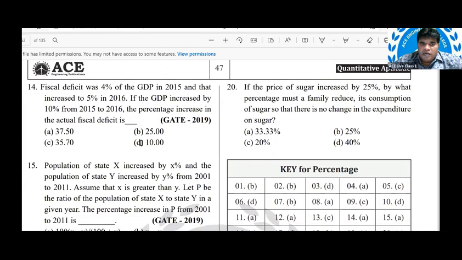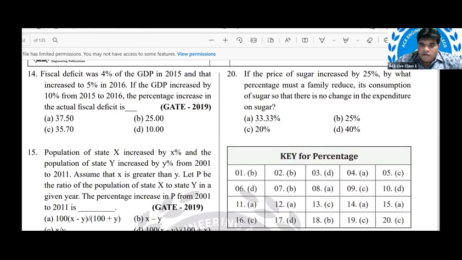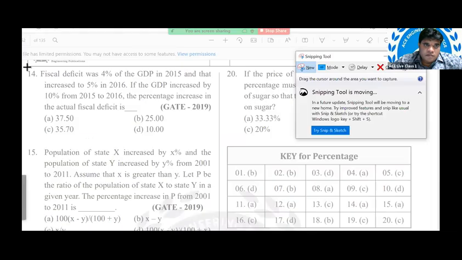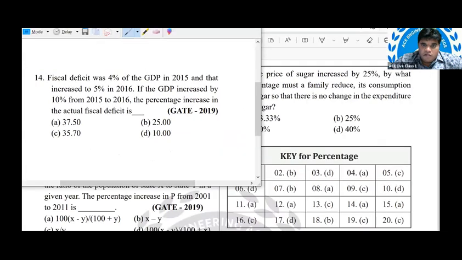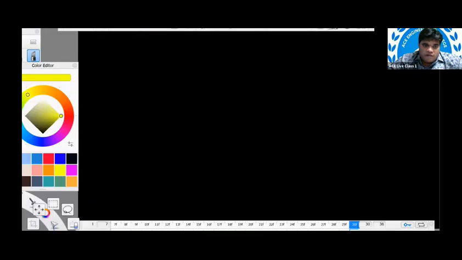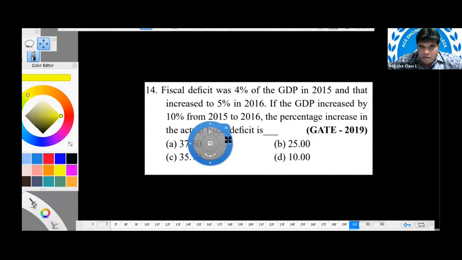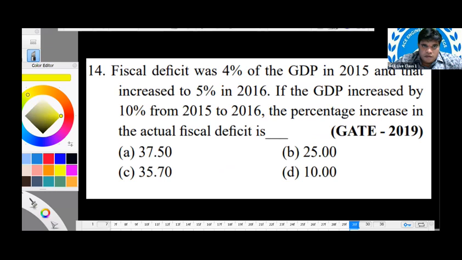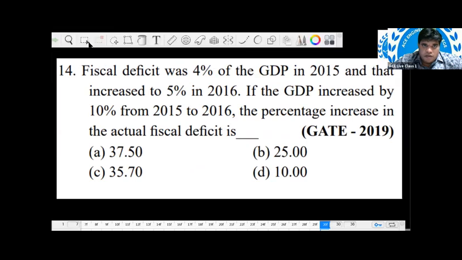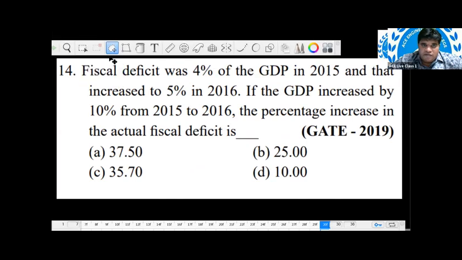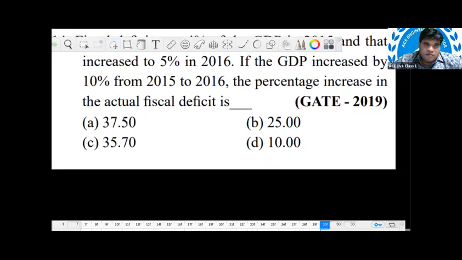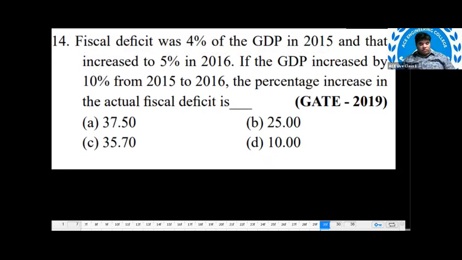Remaining everything you can try. Do you have any doubts? I'm sharing the solutions, so you don't worry. Concentrate for exactly 20 minutes, 20 or 15 minutes, then percentage is completely finished.